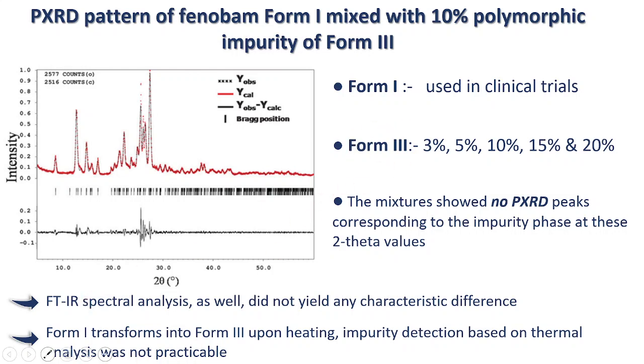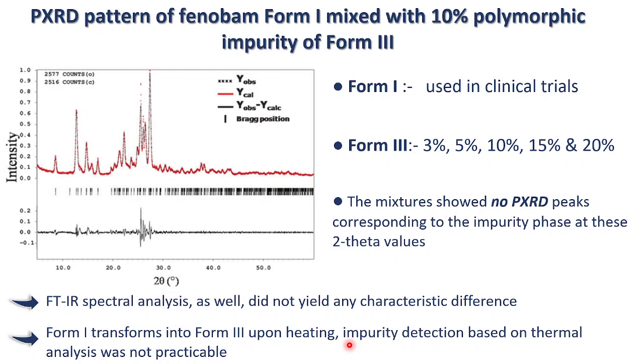Form 1 transforms into form 3 upon heating. I already mentioned that in the synthesis of Phenobam, by heating at 80 to 90 degrees, form 1 transforms into form 3. So impurity detection based on thermal analysis was not possible. Why?